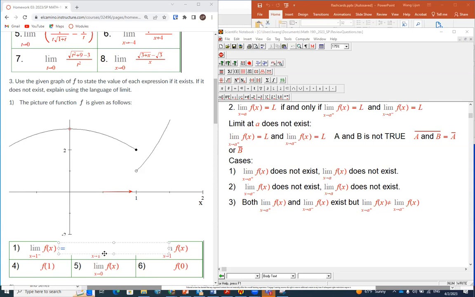So just to remind you, this one equals 1 and this piece equals 2. And that's the third case. The limits from two sides both exist, but are not the same. And for this one, the limits from both sides are the same, which equals 3.